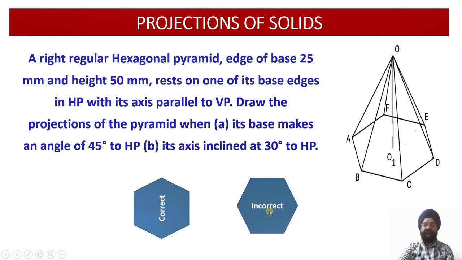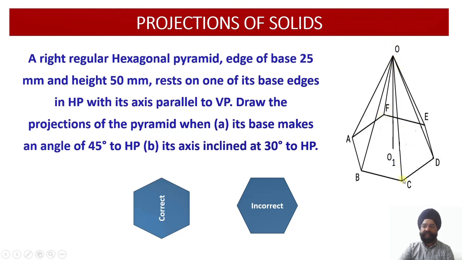Now if I locate my solid into this orientation, that is, if the hexagon is located into this orientation, and if I try to tilt it either this way or this way, what is going to happen? It will be resting on the horizontal plane on one of its corners. Just like you see, this is the solid, I have to tilt it this way or I have to tilt it this way.